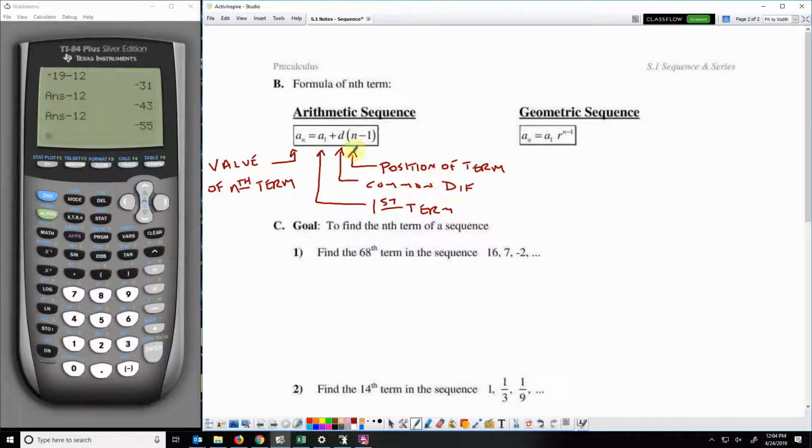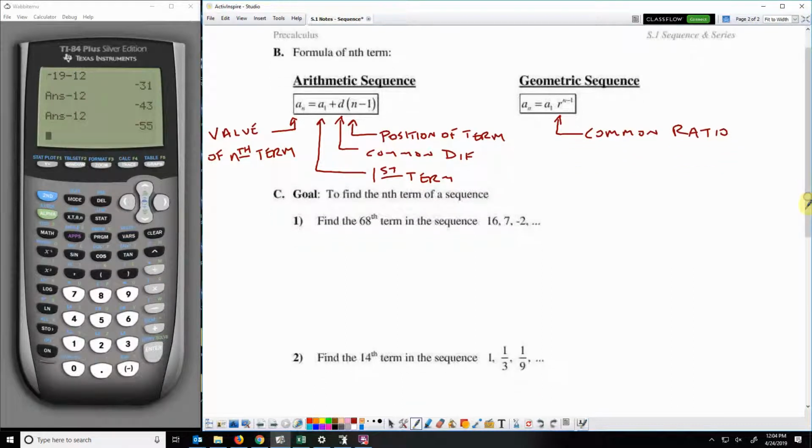So if it's the 10th term, then n is 10. Here in a geometric sequence, a sub n is the value of the nth term, just like it was in arithmetic. A sub 1 is the first term. N is the position of the term. The only thing that's different is there's an r, and that is the common ratio.